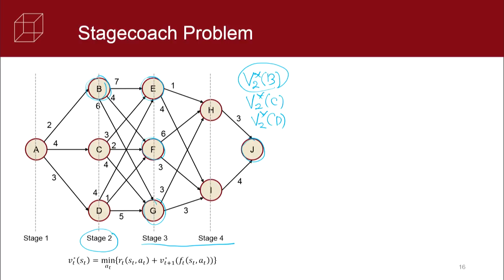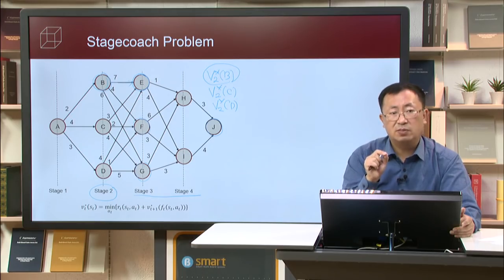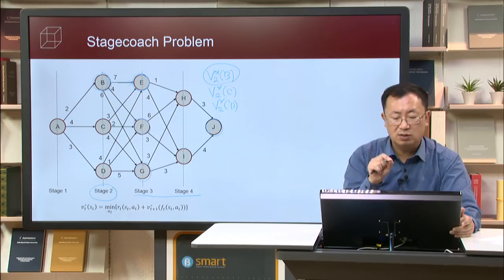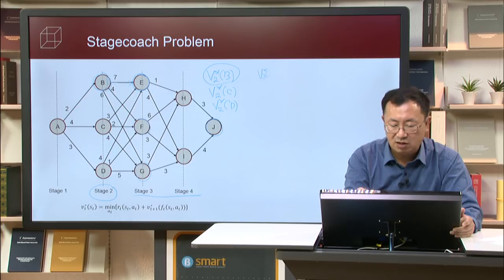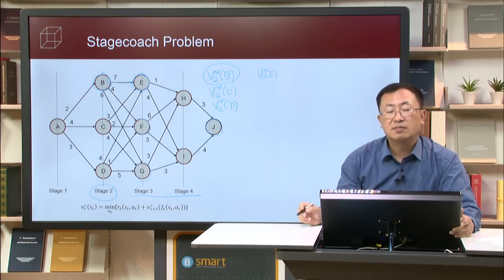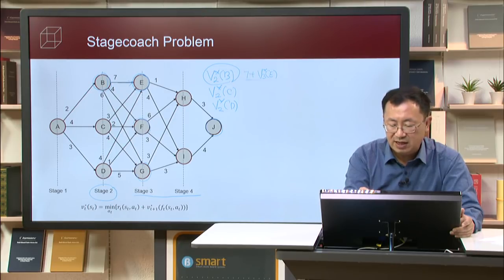So if you decide to choose E, the immediate cost is equal to 7. It takes 7 days to get to E. And then you already calculated the length of the shortest path from E to J, which is specified by V3 star E. So you need to add 7 plus that.